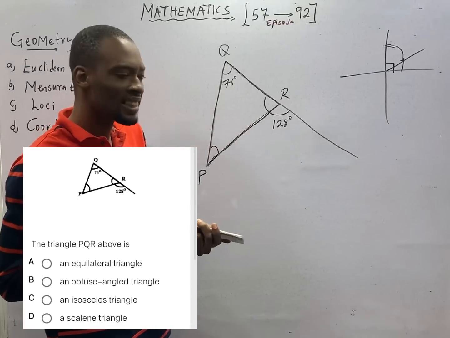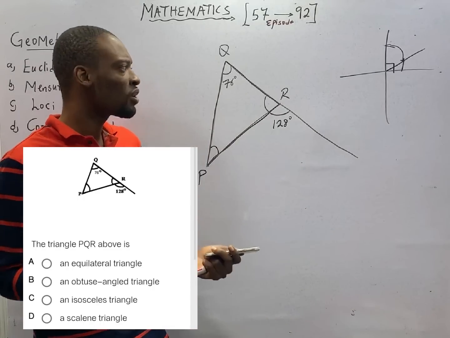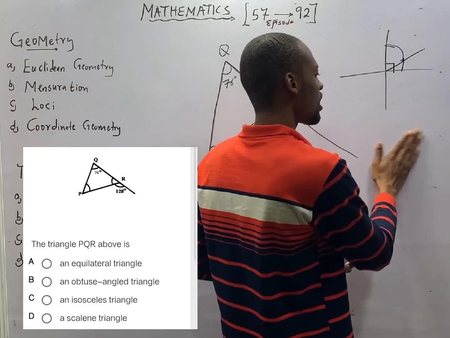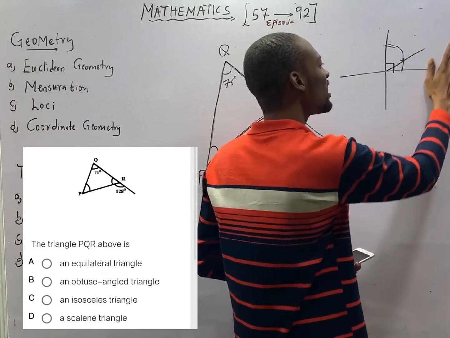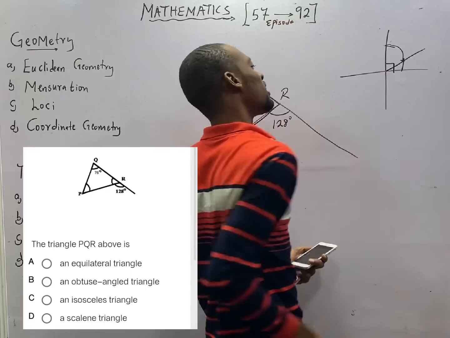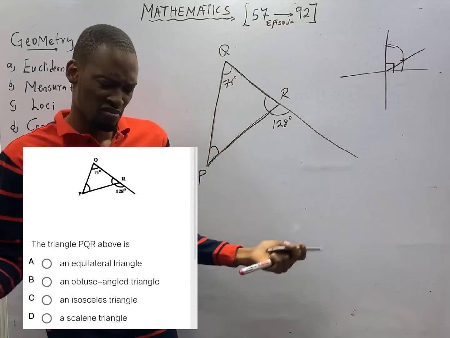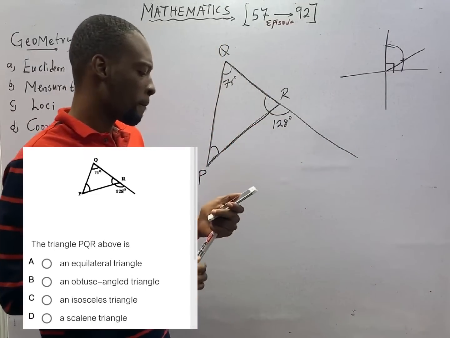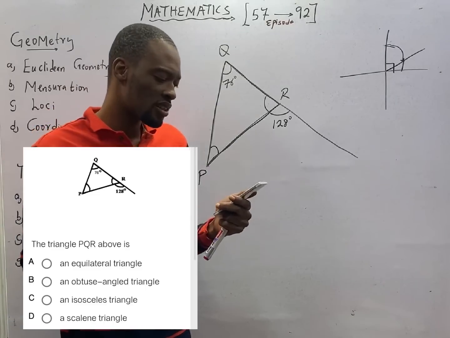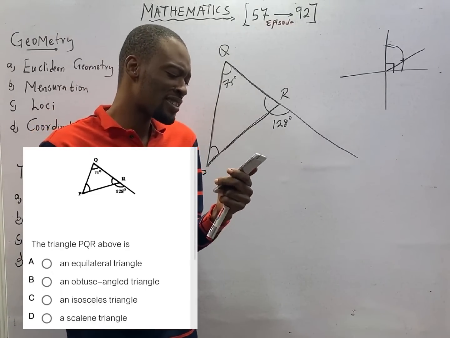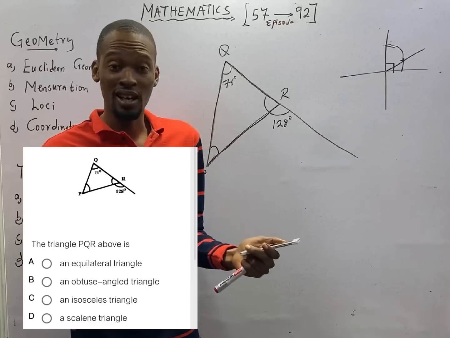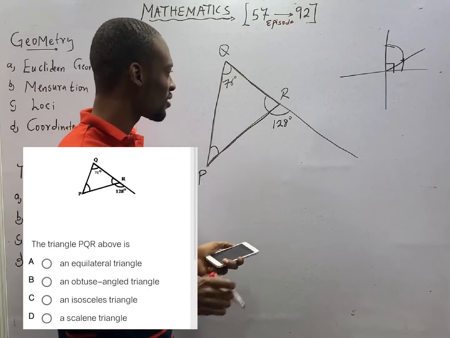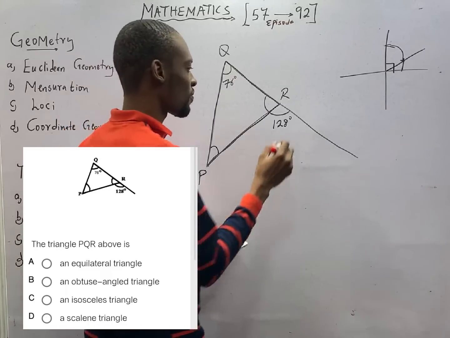An angle that is greater than 90 degrees but lesser than 180 degrees is an obtuse angle. And the one that is greater than 180 degrees but lesser than 360 degrees is a reflex angle. So now that we understand the options, in fact, I don't think there is an obtuse angled triangle. So let's take option B out of our mind.